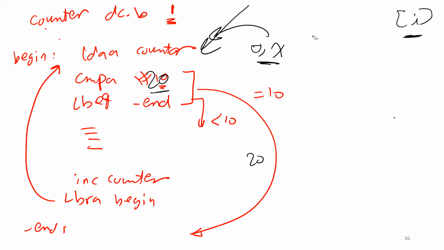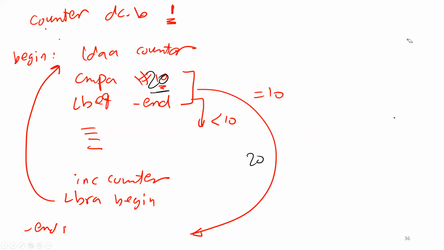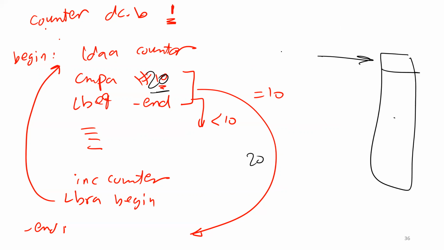So if I have an array this way, in the very beginning, you have to initialize x with the beginning address of this array. Is that okay? So now, x is here. In the first iteration, I'm going to read the location pointed by x, so I'm going to read this element. How can you read the location pointed by x? Very easy.